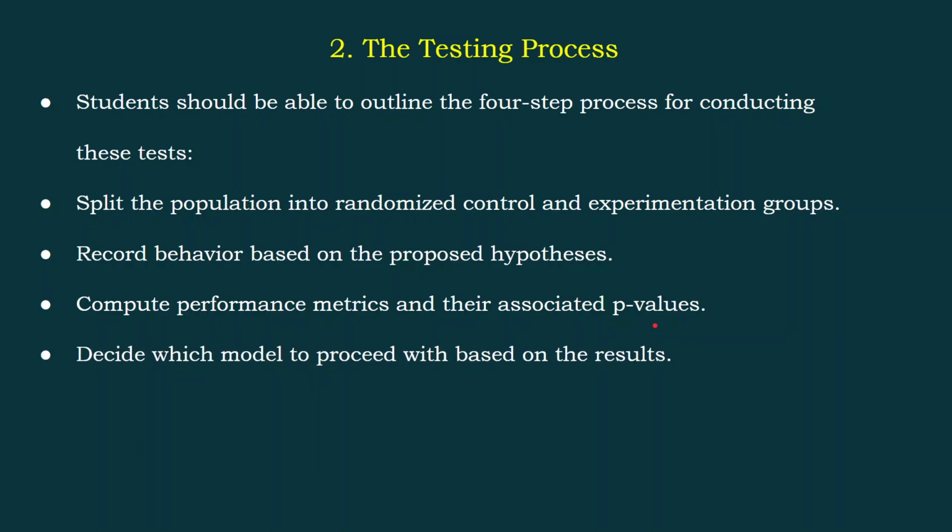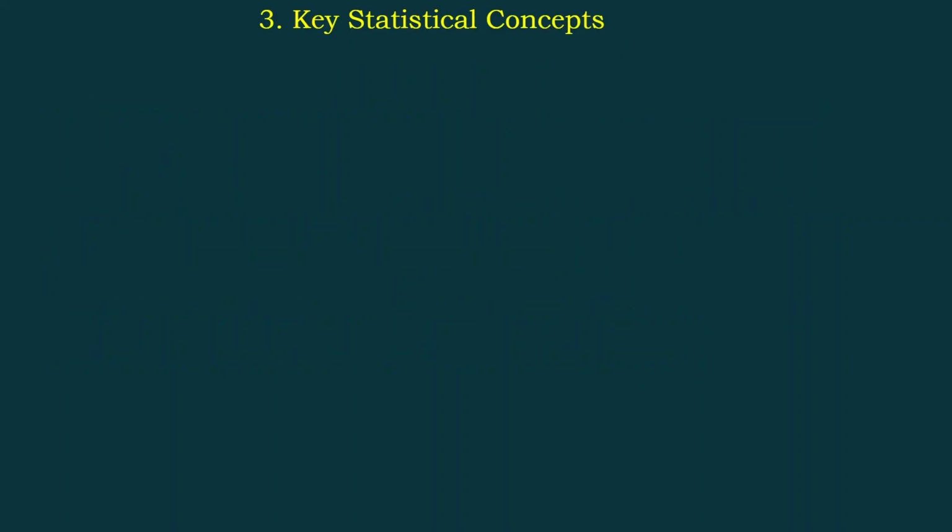Then the next step is to decide which model to proceed with, based on the results. So we have the null hypothesis, the alternative hypothesis, and some group of data. So repeatedly check the model using different data with different groups of population, and then we have to find out which is the best result.